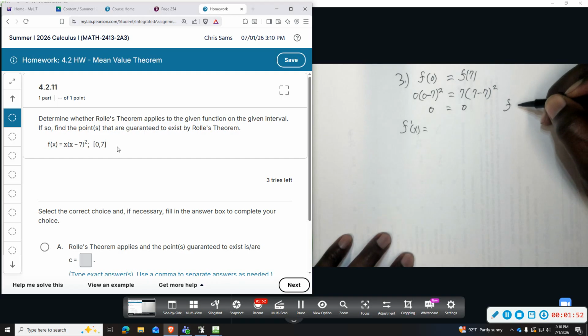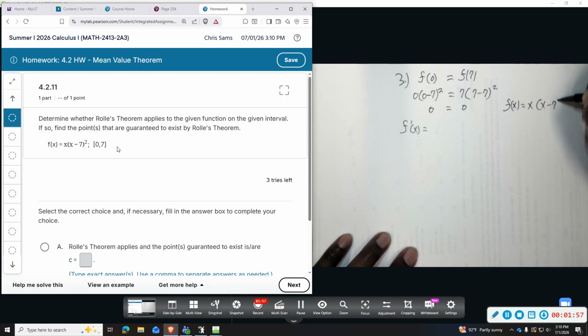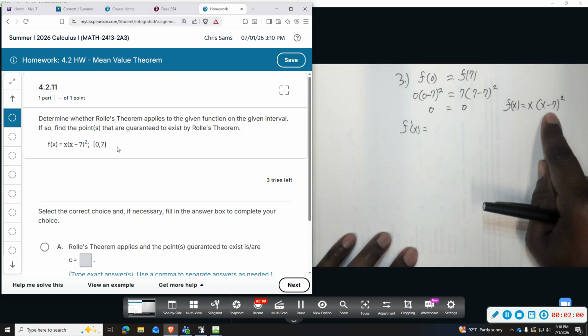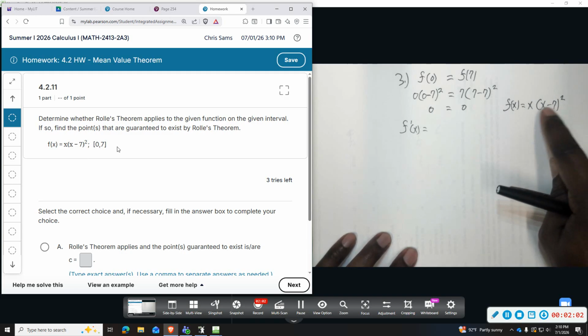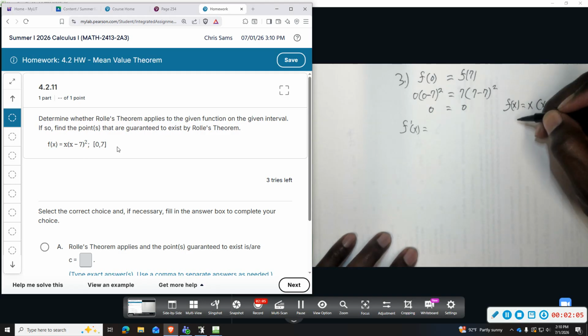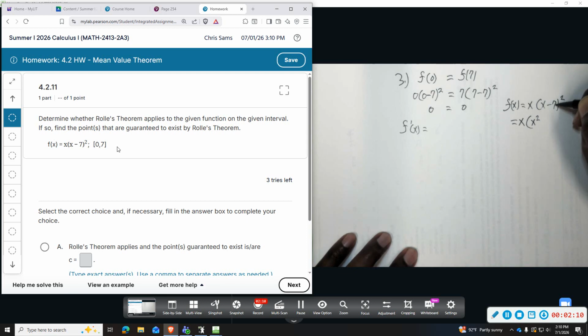I think so. x minus 7 squared. Okay, I'm going to FOIL this out. I'm doing the shortcut. We're going to square, multiply these two and double it and square it. So we are looking at x times x squared, negative 7x, double it, negative 14x, squared plus 49. Distribute that x through, x to the third minus 14x squared plus 49x.